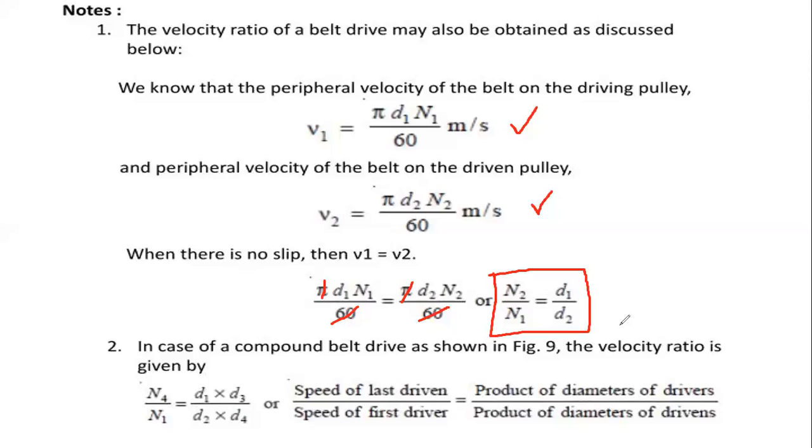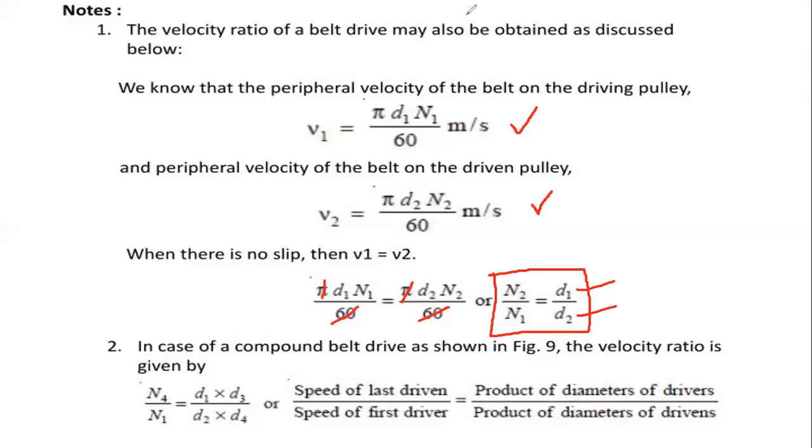Then in case of the compound belt drive, the velocity ratio is given as follows. Here we are going to take only two pulleys, that is driver and the driven. But in the compound belt drive there are idle pulleys, so we have to take the idle pulleys also into consideration.